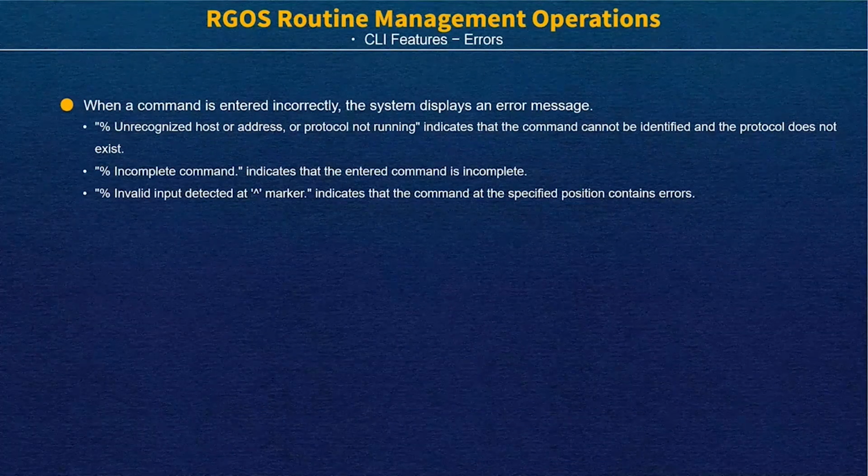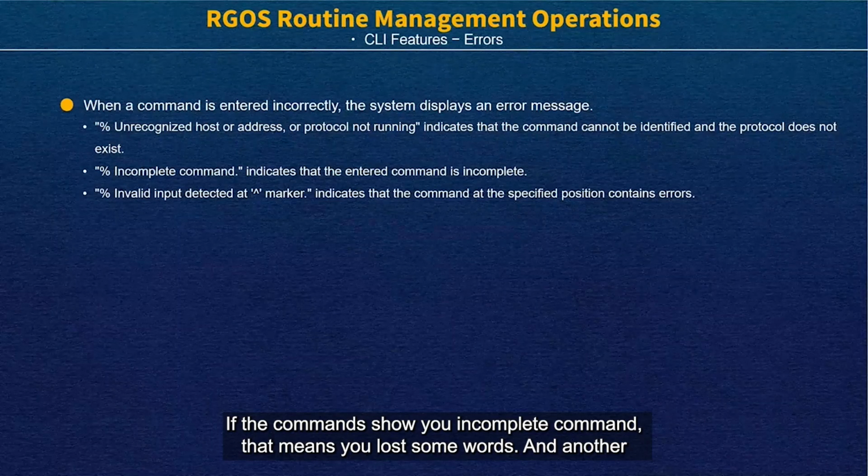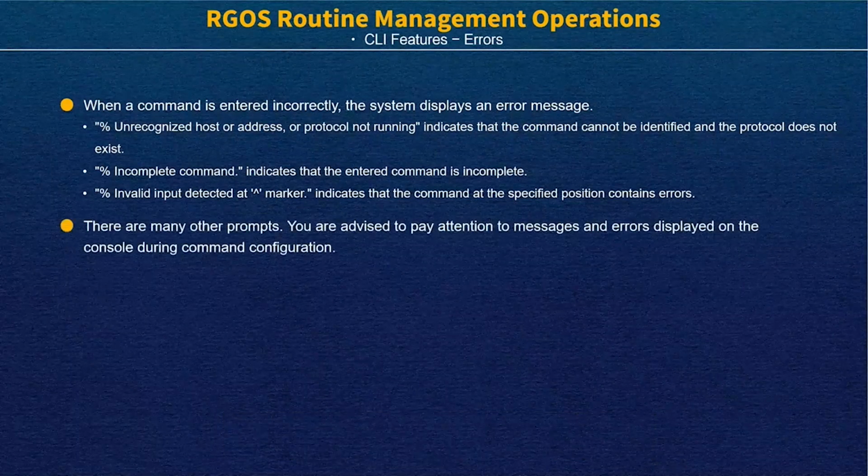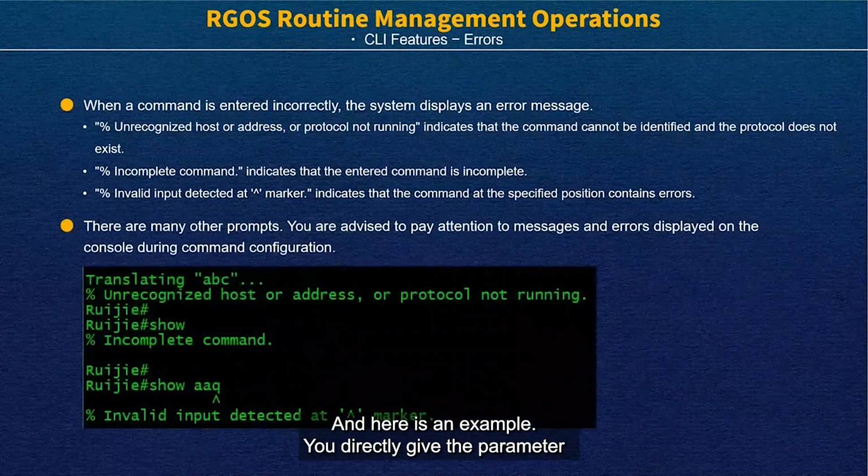If the command shows you "incomplete command", that means you lost some parameters. And another one is "invalid input detected at marker". Then maybe you gave some wrong parameters, right? And here is an example.